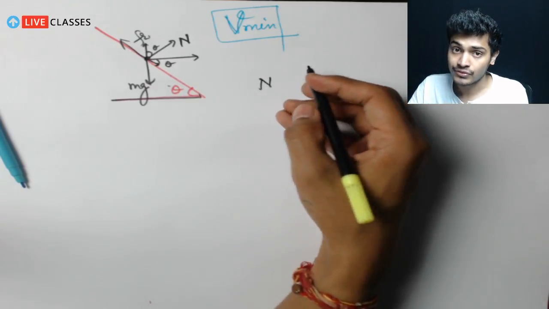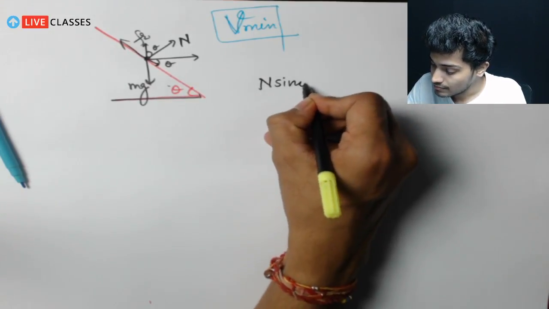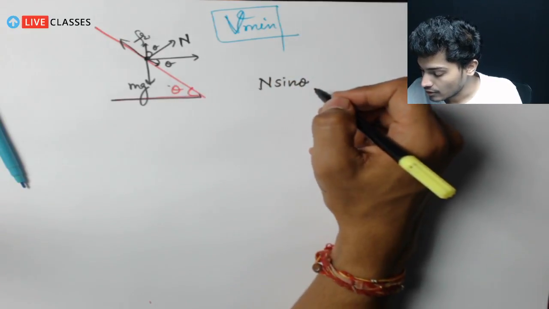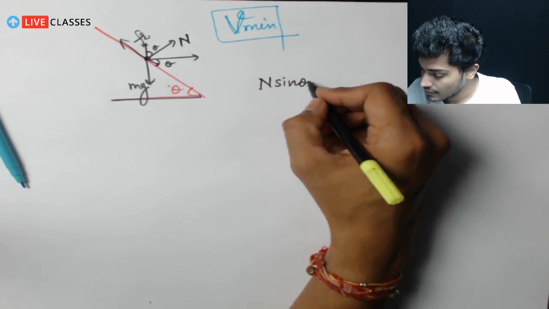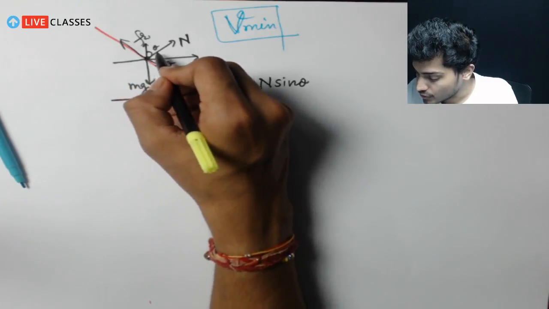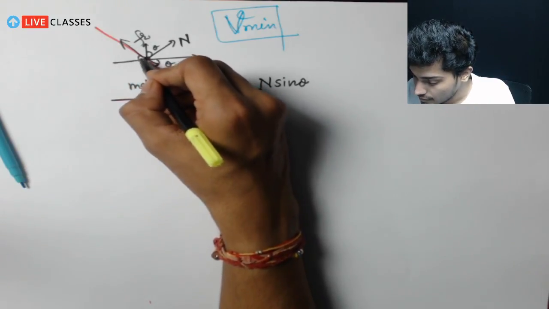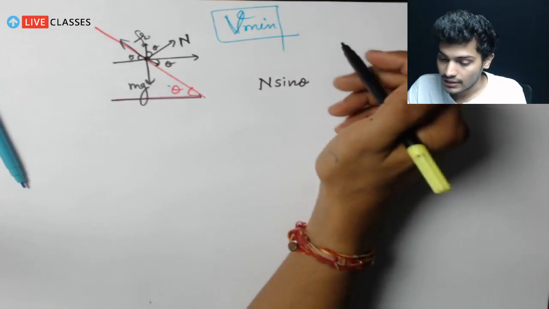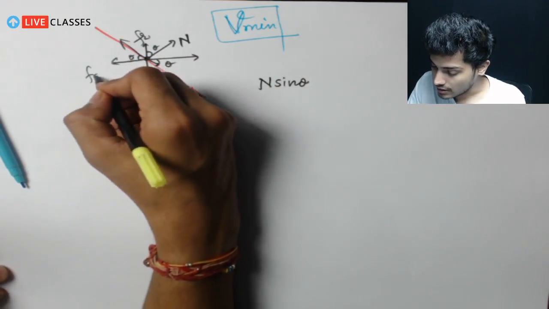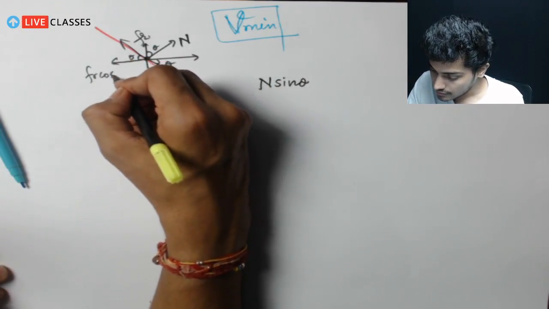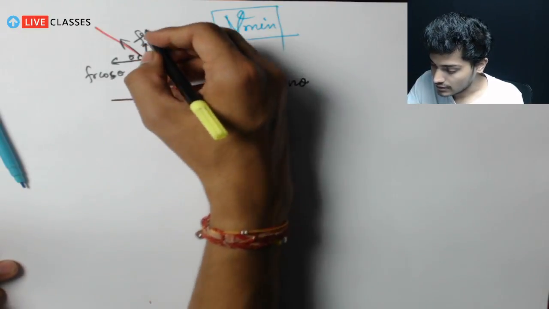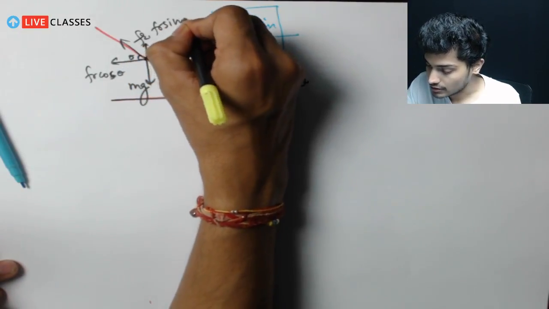Here we will have n sin theta, n cos theta, n sin theta, plus this is the friction force. Here it will be Fr cos theta, and it is Fr sin theta in upward direction.